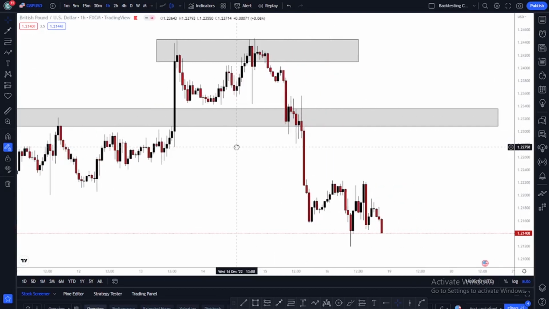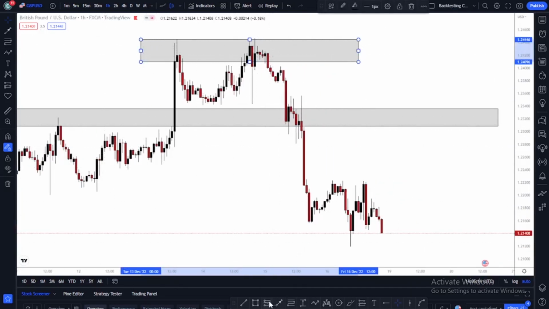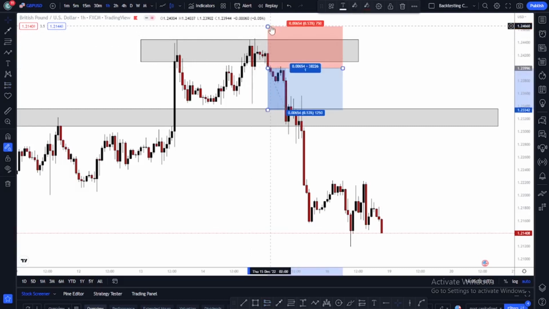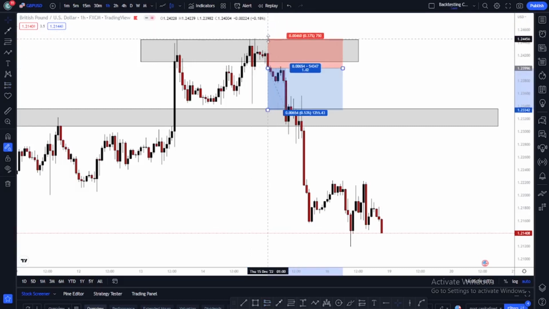So after I had that confirmation, all what I did was to enter my trade right after the closure of the bearish candlestick, and my take profit right on top of this wick. My take profit was our previous resistance, which is our previous higher high.